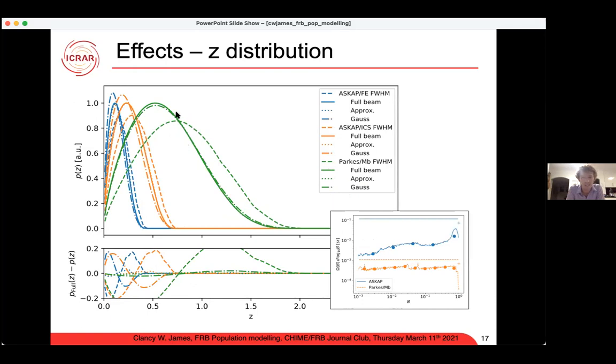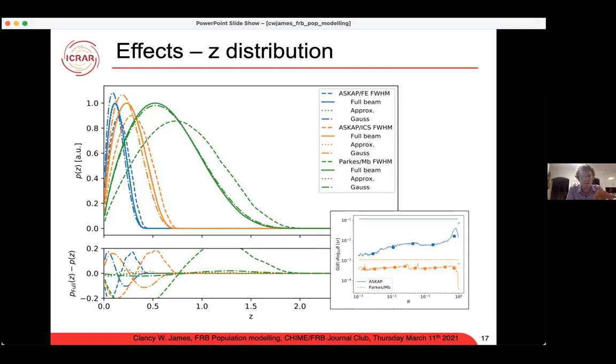The other 3 are when you use either the full beam shape, a Gaussian approximation, or this numerical approximation to the truth, to speed things up. These have all been normalized, the probability of Z in arbitrary units, so it's been renormalized. Clearly the Gaussian beam overestimates your rate. But the redshift distribution you might infer, and this is for my best fit model, which we'll get to later, so I'm just jumping ahead.